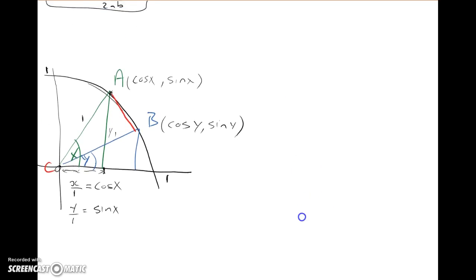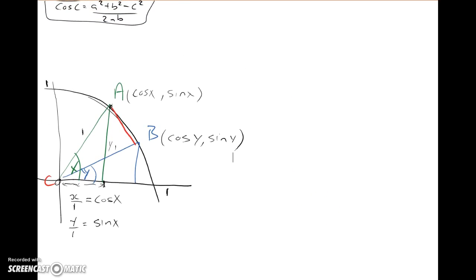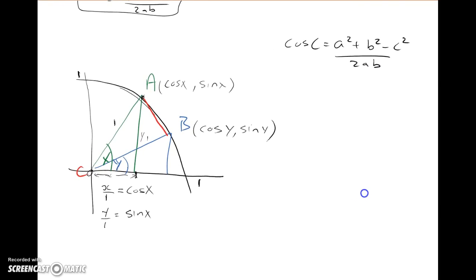Okay. Now I'm going to just call on my little cos C again. So we said that cos C was equal to a squared plus b squared minus c squared over 2ab. And in this, I'm actually going to be talking about this triangle here, this red triangle.